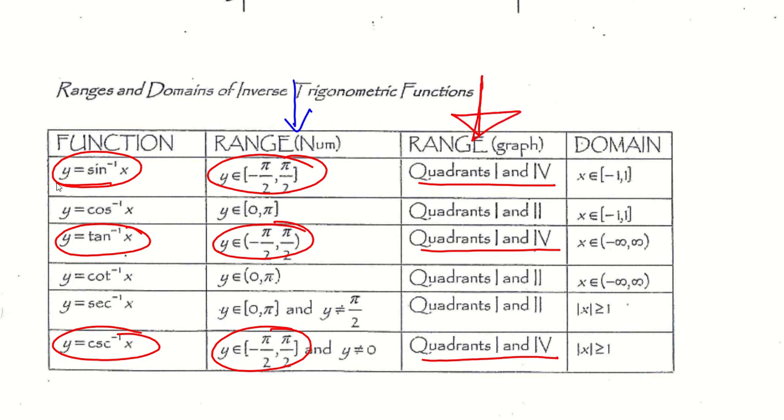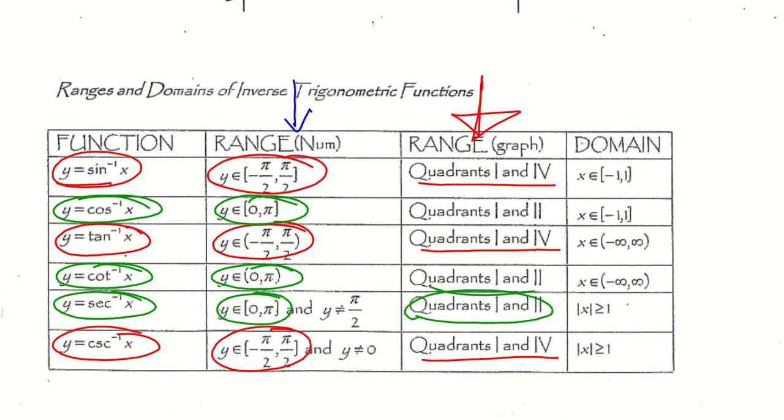In contrast, if we have an inverse trig function that depends on the inverse cosine, so inverse cosine, inverse secant, remember secant is 1 over cosine, or inverse cotangent, where cotangent is cosine over sine, those ranges will be between 0 and pi, which means that they will have angles that are in quadrant 1 or quadrant 2.